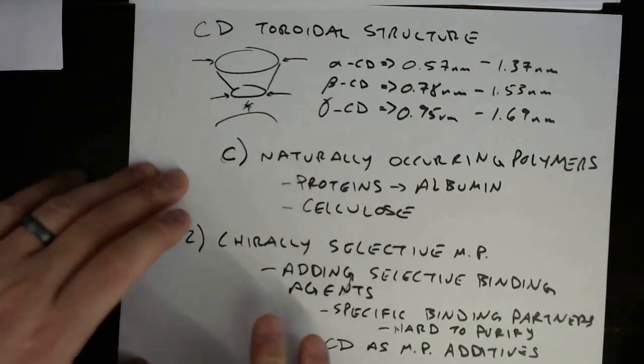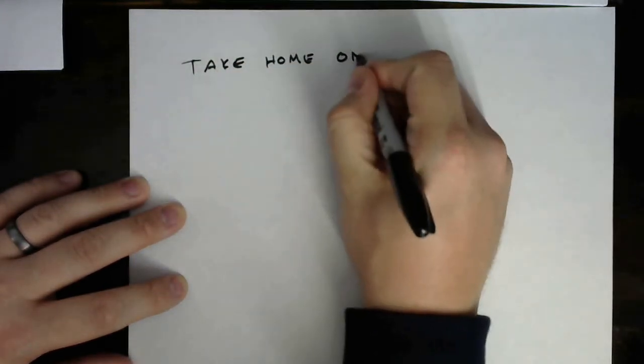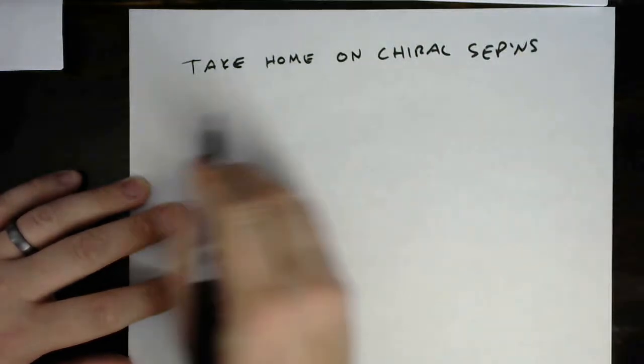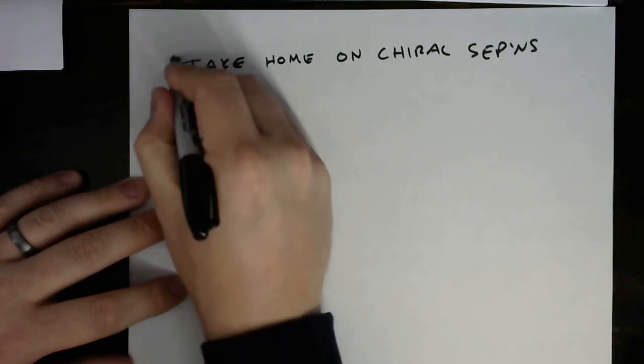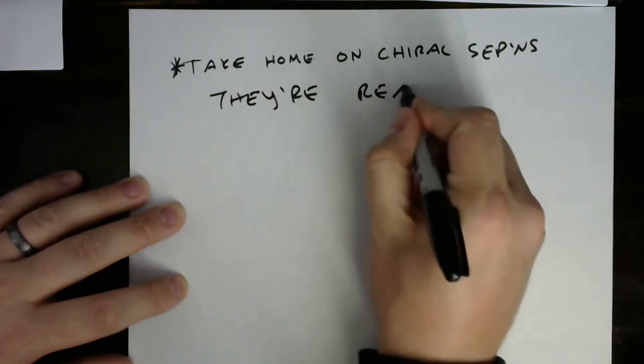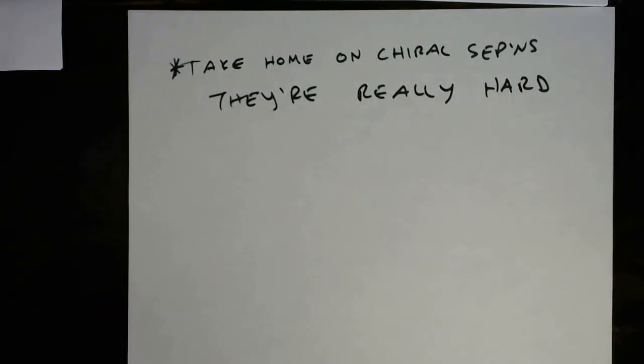So there is one final take-home message, and it goes with all of this chiral separation stuff, and I kind of gave it away a moment ago. The take-home on chiral separations: they're really hard. We don't have a lot of strict rules for how these separations work.